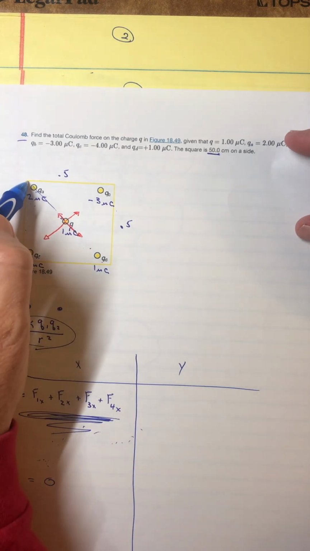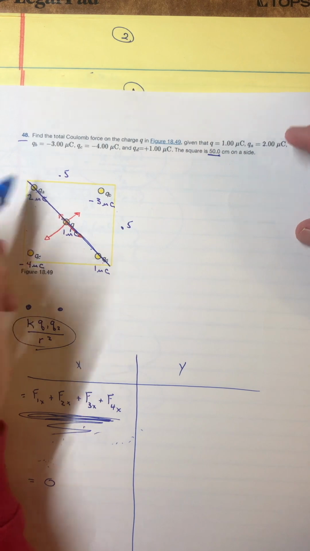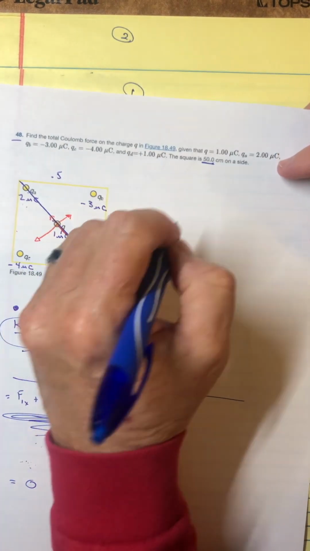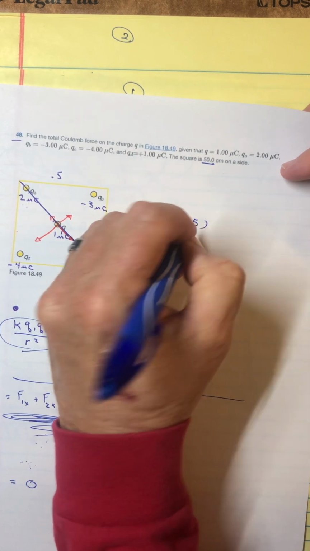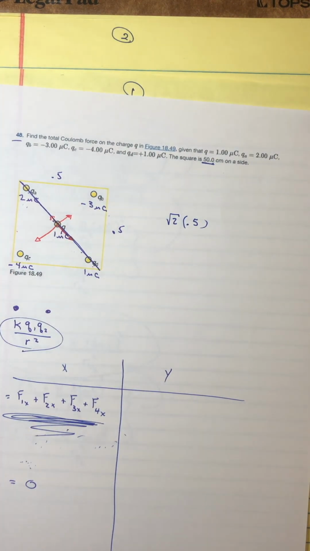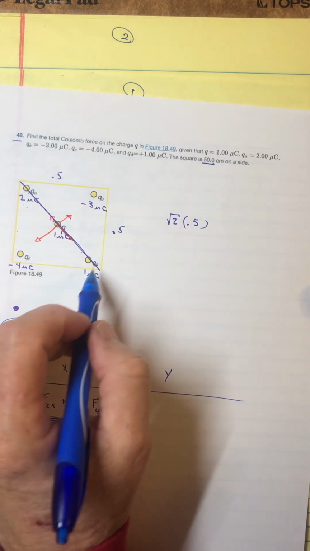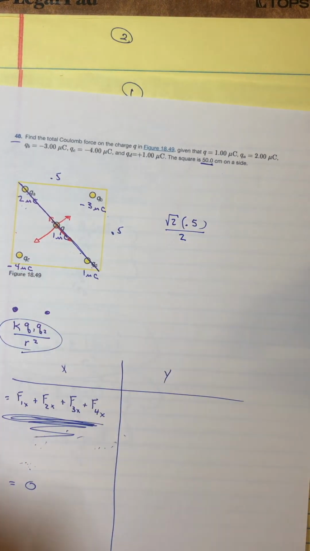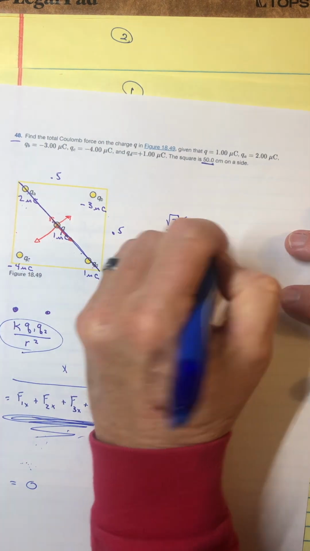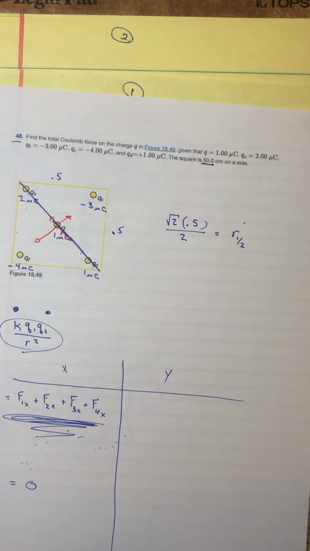And then if I take this diagonal, the diagonal is the square root of 2 times one of the sides. And that would be its length.